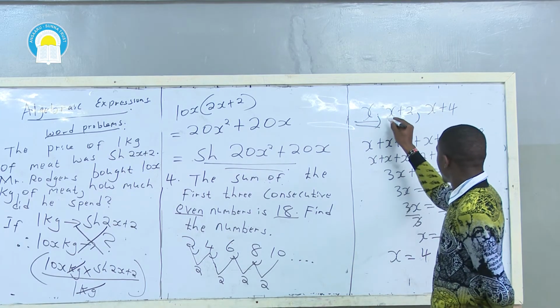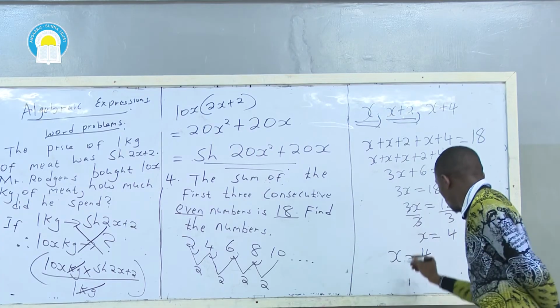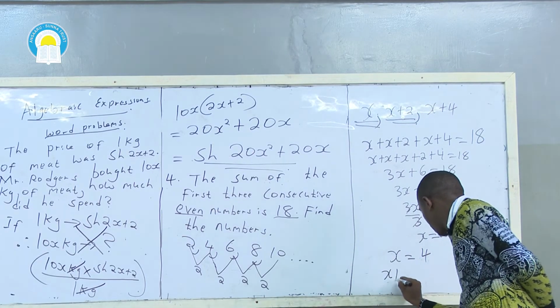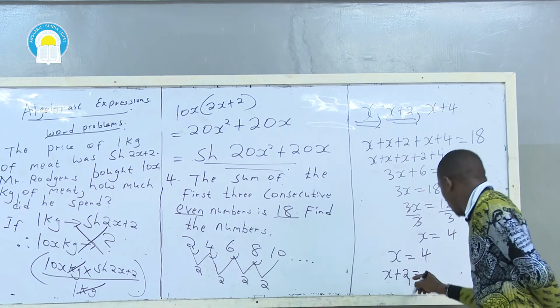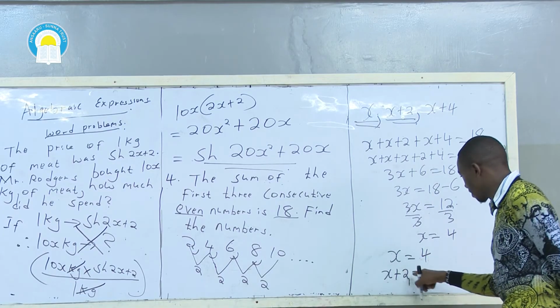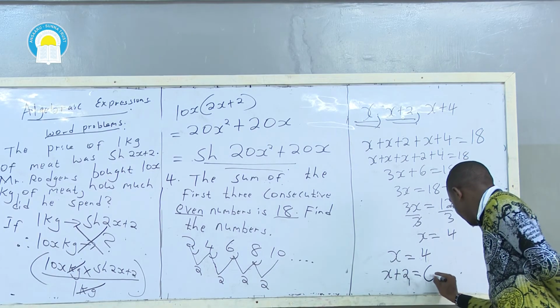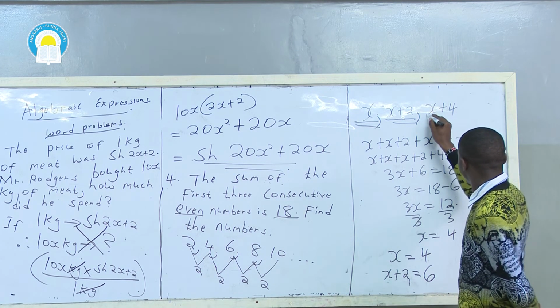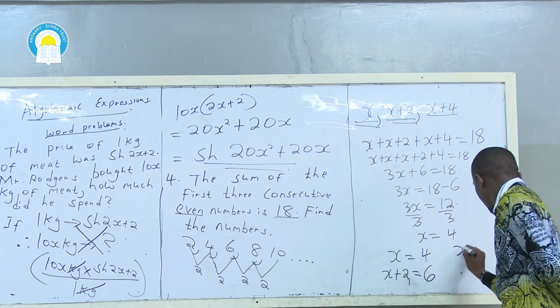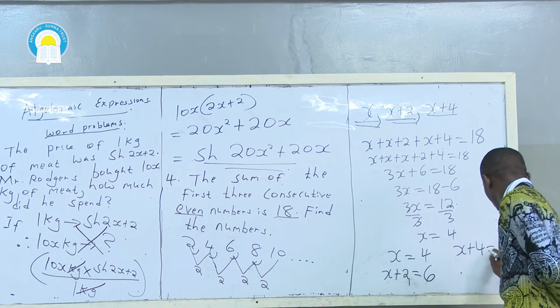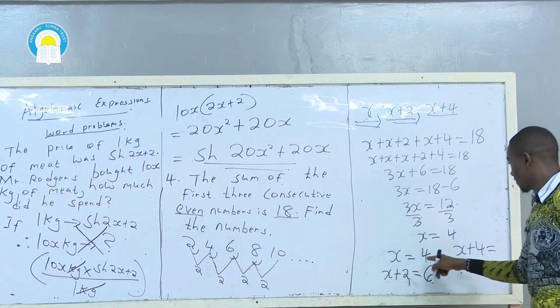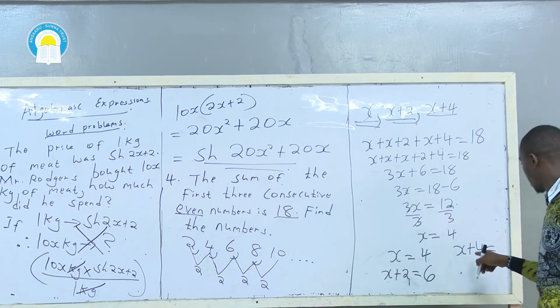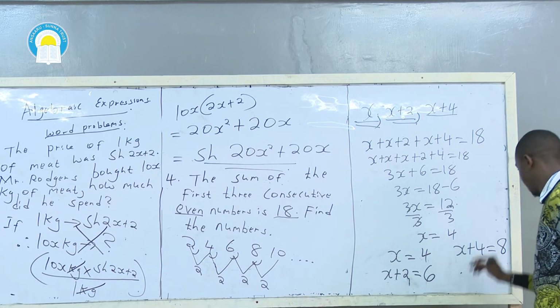The second even number is x plus 2. So I will write here x plus 2 equals, remember x is 4, so x plus 2 will be 4 plus 2, which is 6. Then the third even number is x plus 4. So x plus 4 will be equal to what? x is 4, so x plus 4 will be 4 plus 4, which is 8.